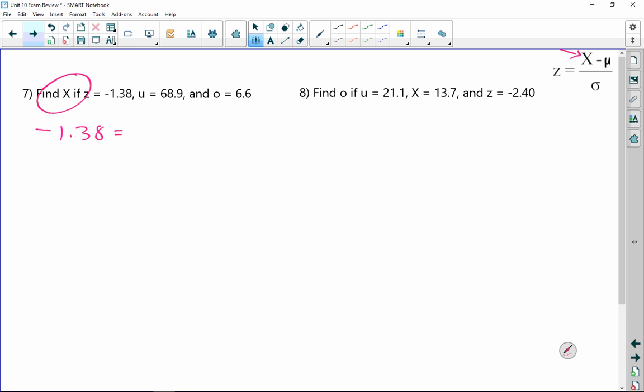We don't know our x, so we're going to leave it, minus 68.9, and then all over 6.6. Now how do I solve for x? I have to clear the fraction by multiplying by its denominator, and I have to do that on both sides. So 6.6 times negative 1.38.